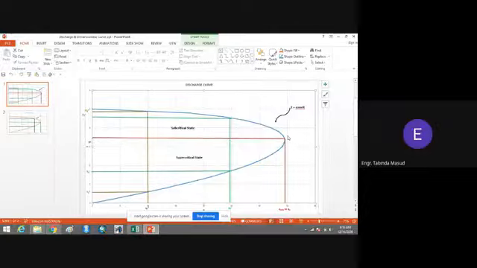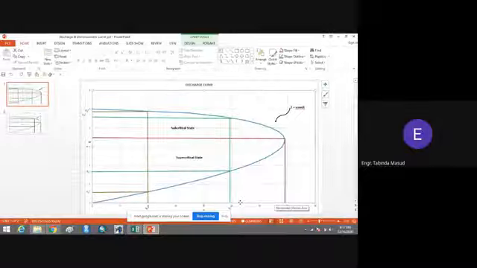This is the only point on the curve where we have a single depth of flow. This maximum discharge is also known as the critical discharge, because it corresponds to the critical depth of flow. So remember that corresponding to the critical depth of flow, we always have the maximum discharge, also known as the critical discharge.